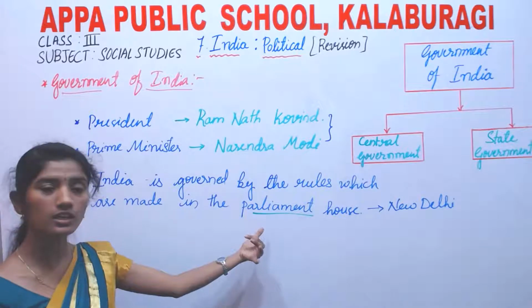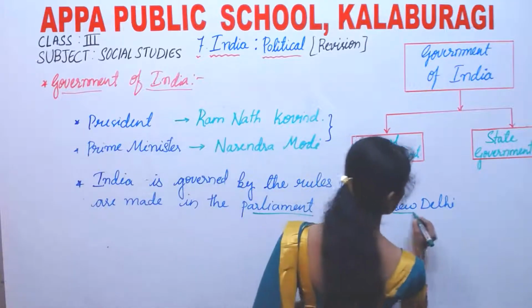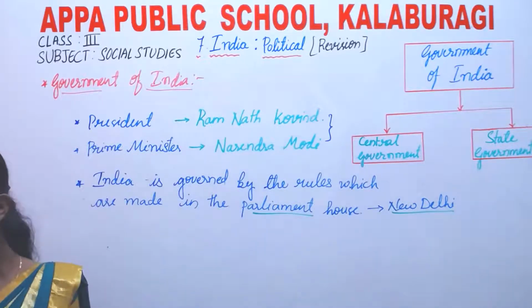Where is the Parliament House located, children? It is in New Delhi. India is governed by the rules which are made in the Parliament House, in New Delhi.